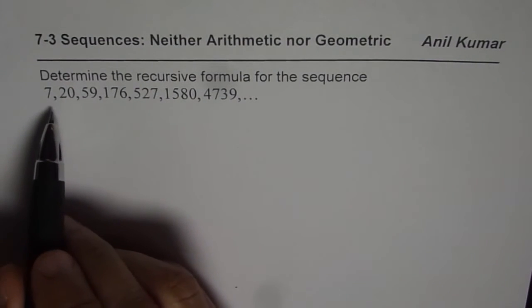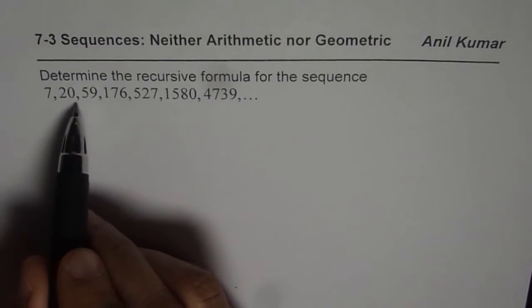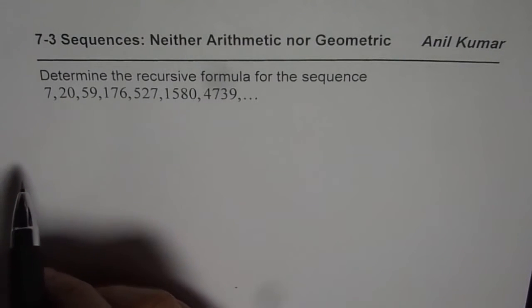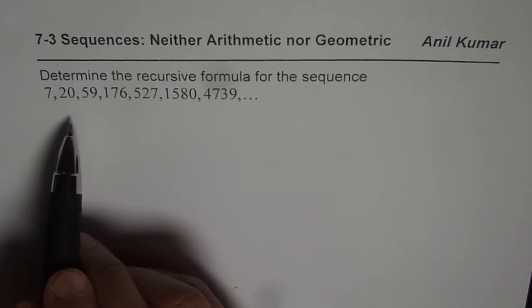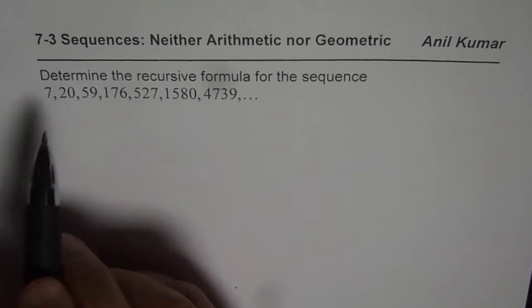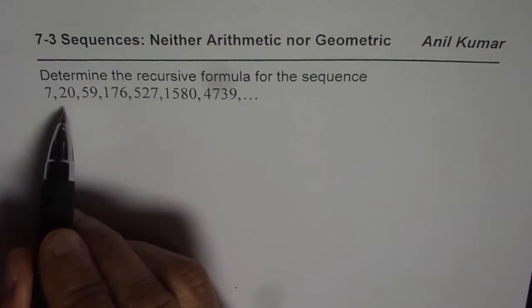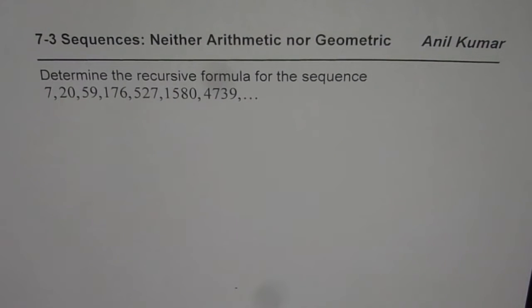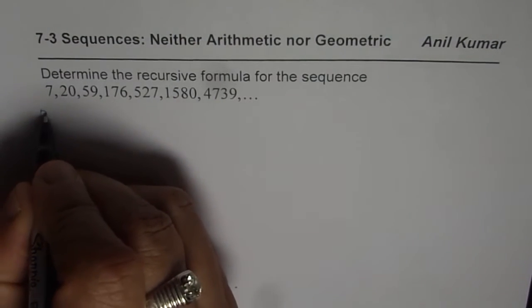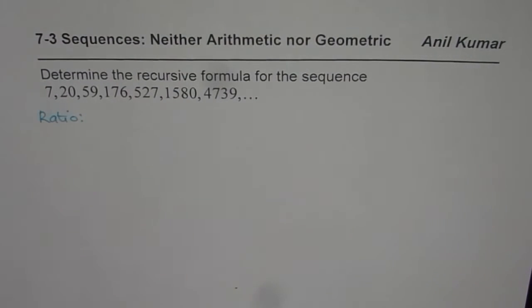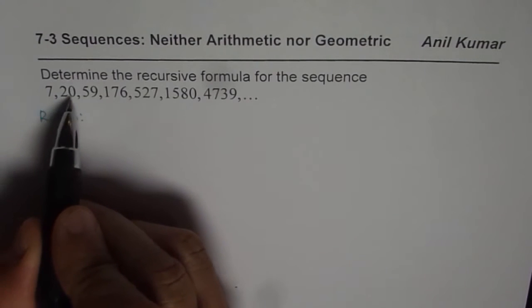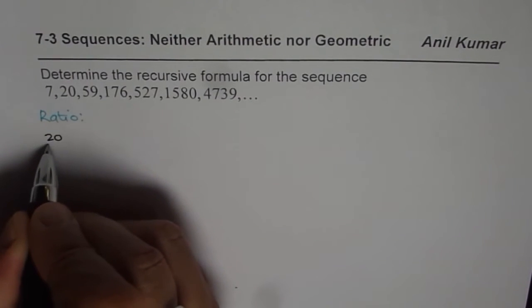Now if you see the sequence, it is not arithmetic since the common difference does not exist. But the numbers go rapidly up. So it is close to geometric, right? So let us see what we get by finding the ratios. I'll just calculate ratios for the consecutive numbers. So we have 7 and 20, so let us find what 20 over 7 equals.